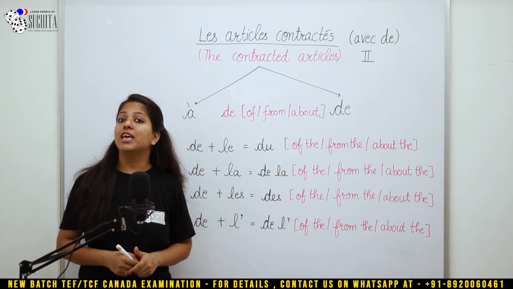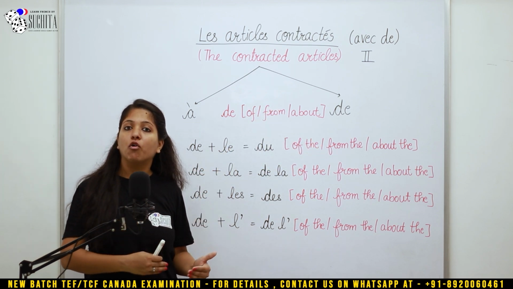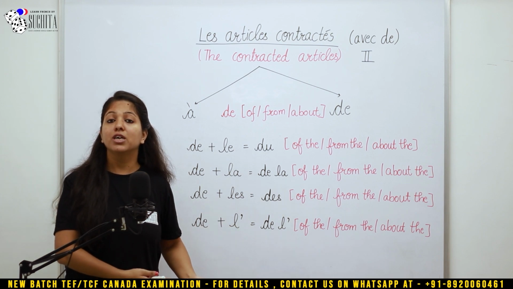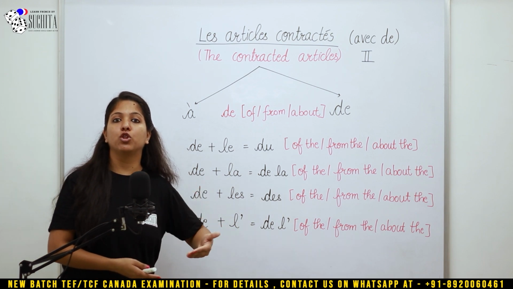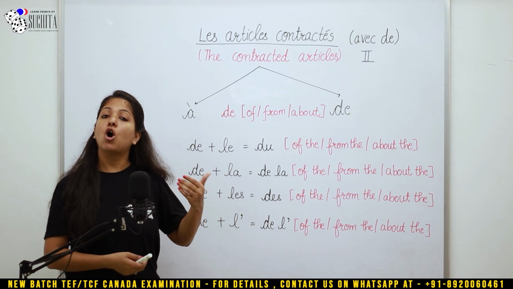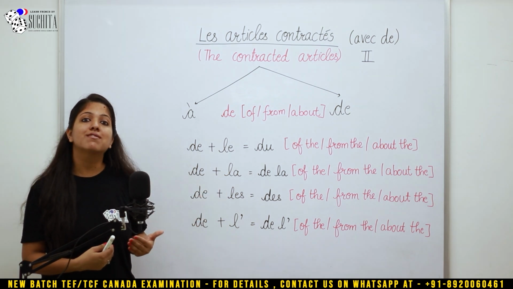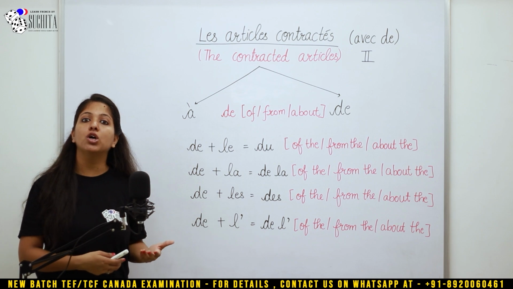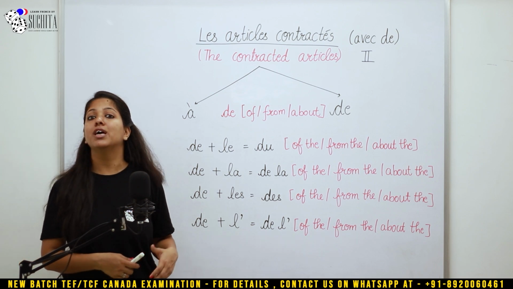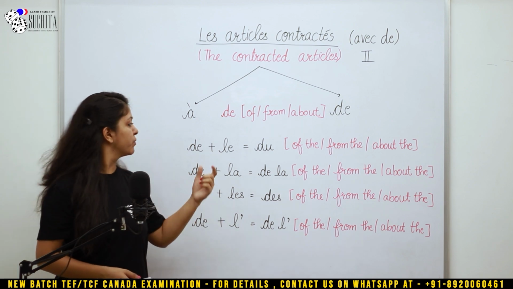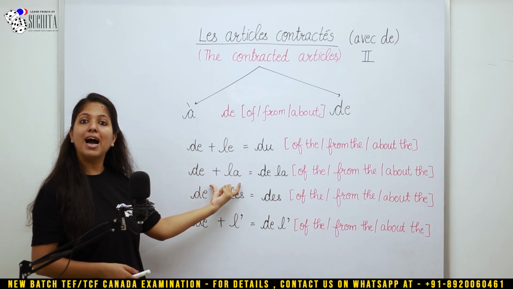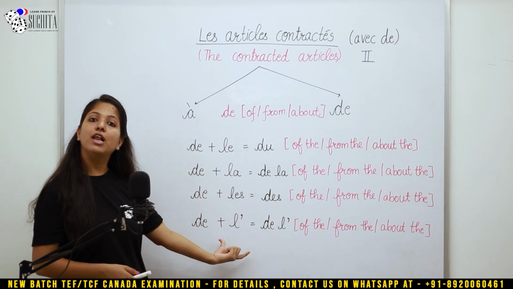So, let's say I do not want to say just of, from or about, rather I want to add the to it. I want to say of the, from the or about the. Now what is the in French? Just now I told you the is the definite article in French, and for that you have four options: le, la, les, et l'apostrophe.